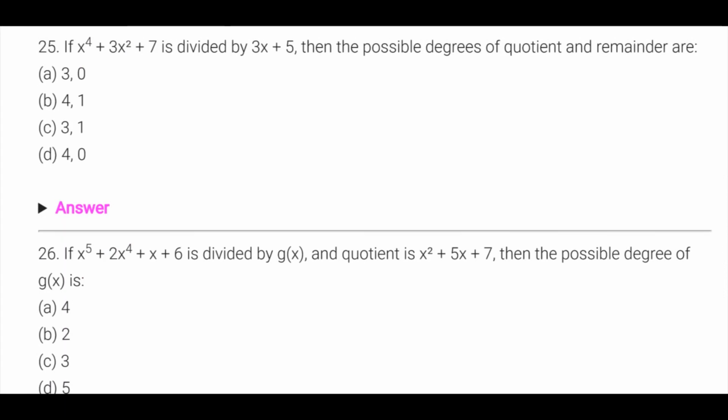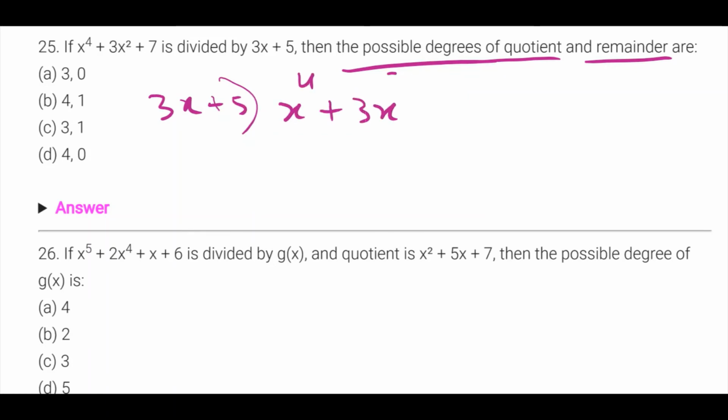Twenty-fifth question. If x power 4 plus 3x square plus 7 is divided by 3x plus 5, then the possible degrees of quotient and remainder. So it's a combination of quotient and remainder.